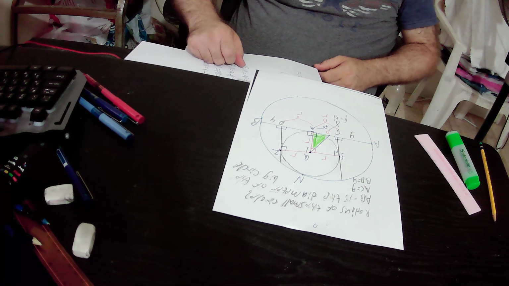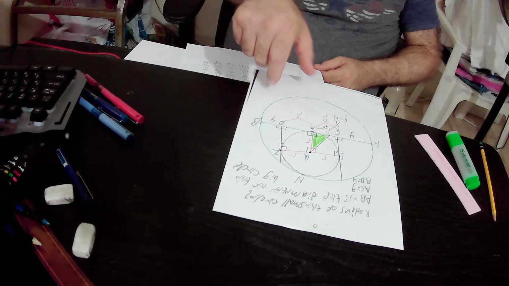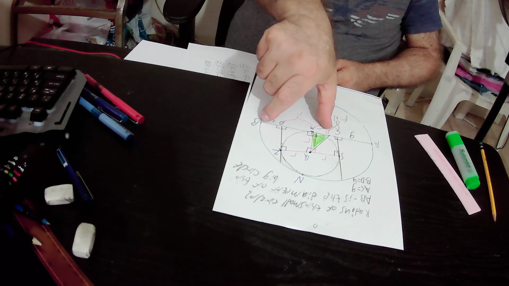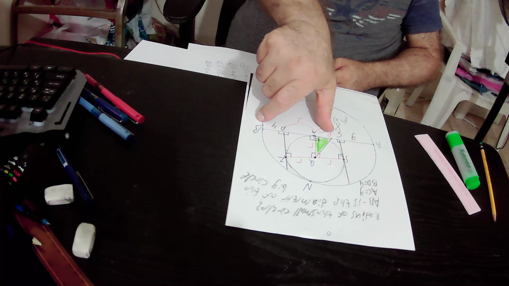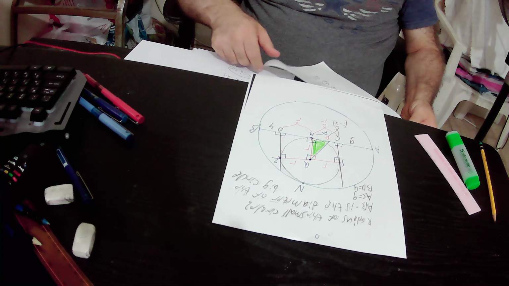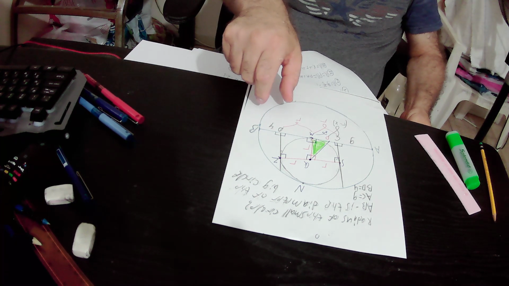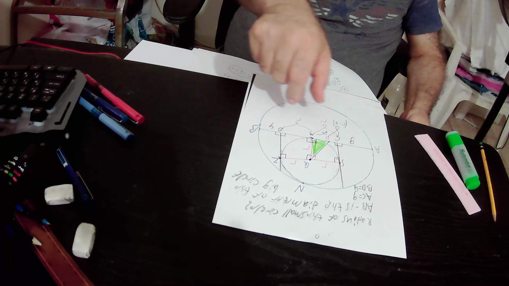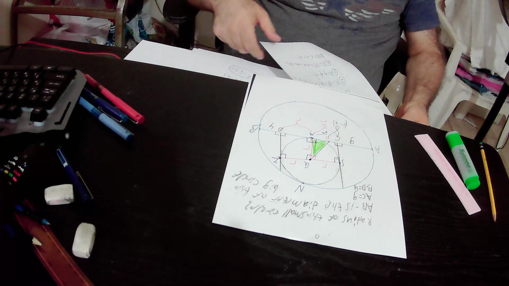We created a second expression for the radius of the big circle. The radius of the big circle also equals PB, because P is the center of the circle. PB is the radius of the big circle. But what is the value of PB? Actually, PB equals PM plus MD plus DB.